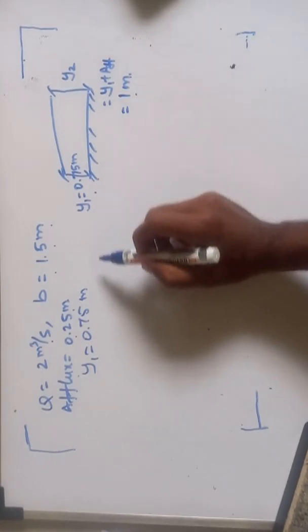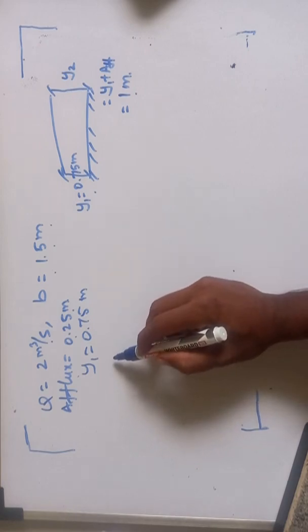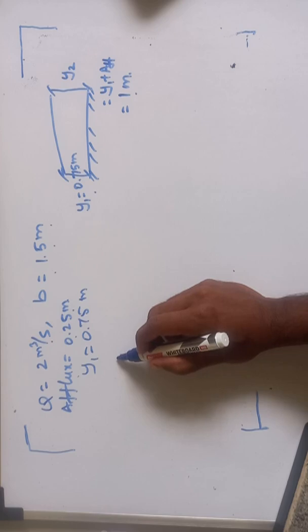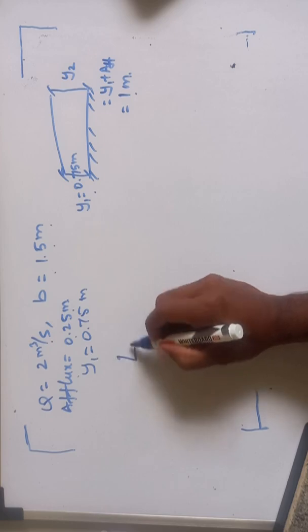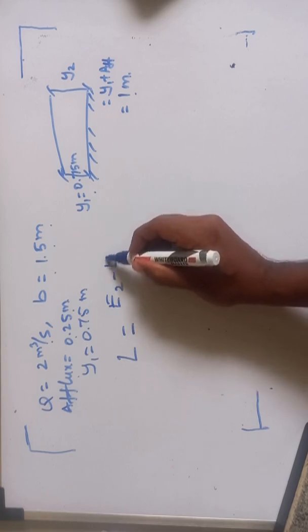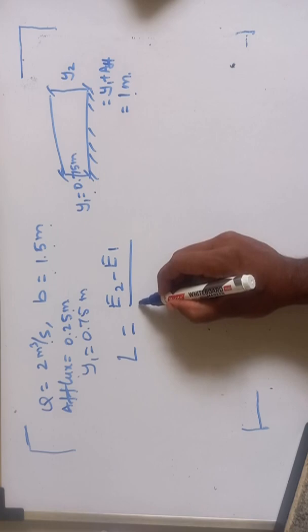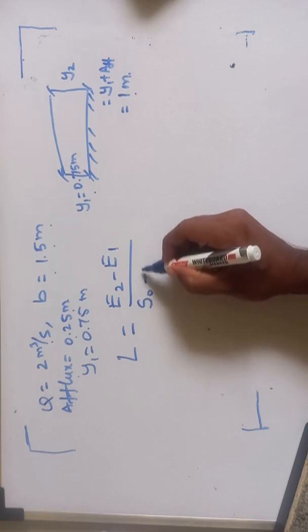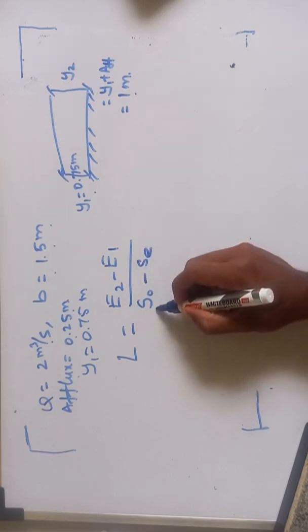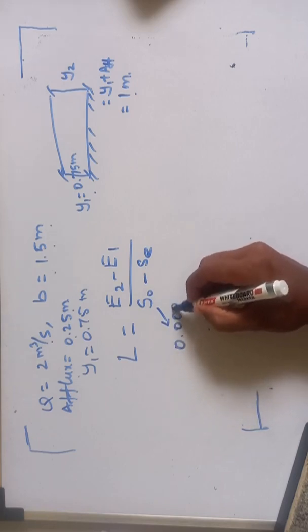After calculating y1 and y2, I am writing the formula. That means length of backwater is equal to E2 minus E1 divided by S0 minus SE. S0 value is given as 0.0004.